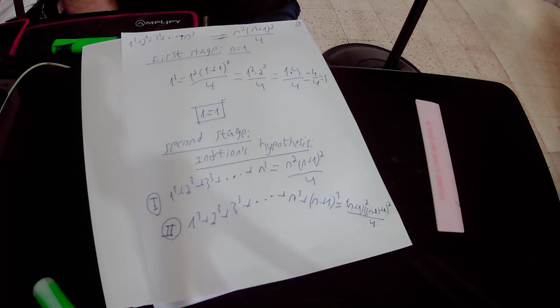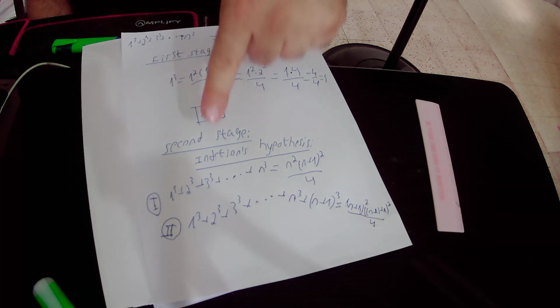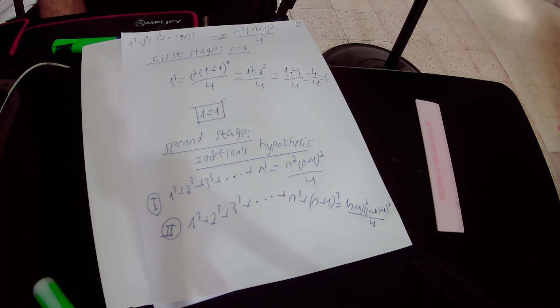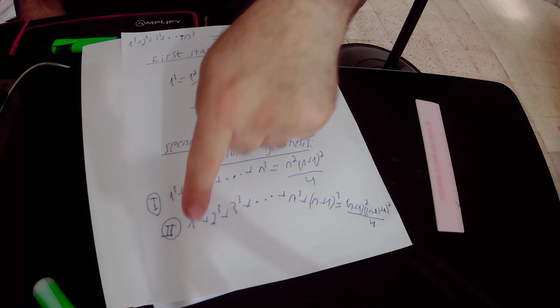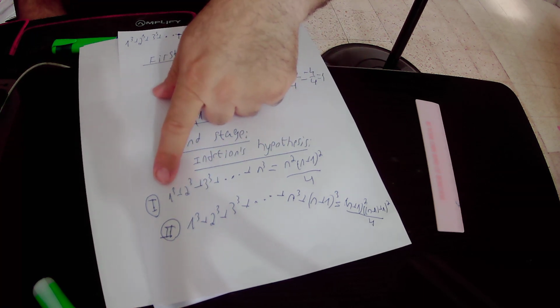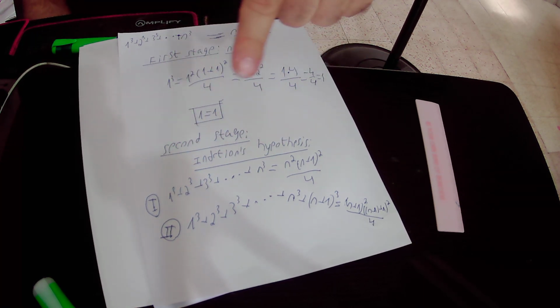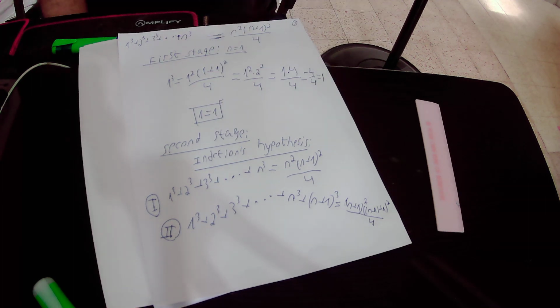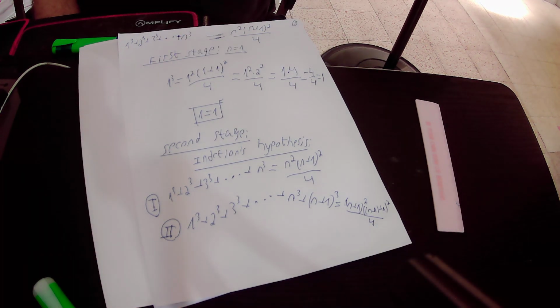So we must prove that the second expression is true, and as I already told you, we will rely on the first expression in order to prove that the second expression is true, because we assume that the first expression is true.